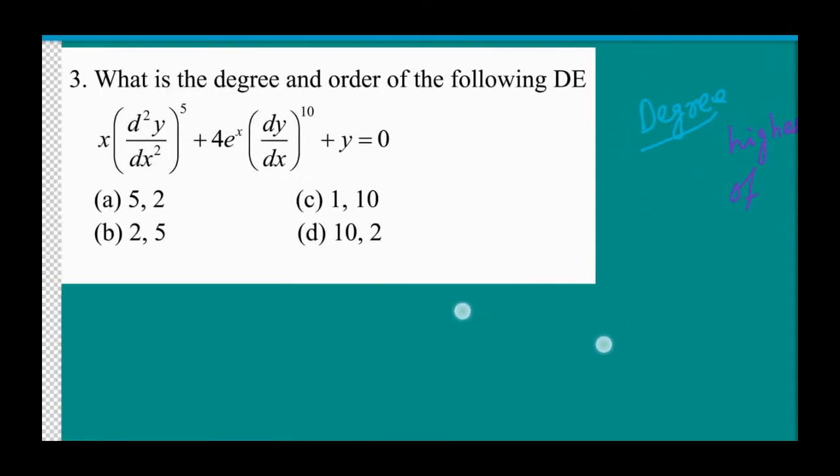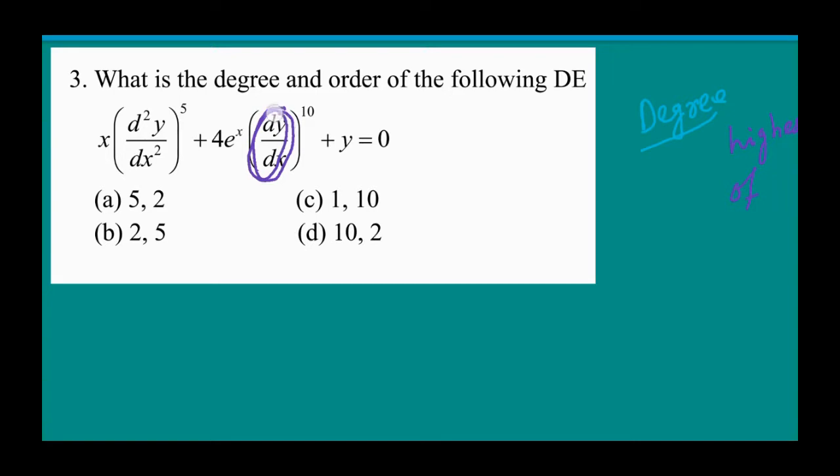So what is the highest order derivative here? Here it is a derivative of order 1 and here it is a derivative of order 2. Hence I can define order as the highest order derivative.